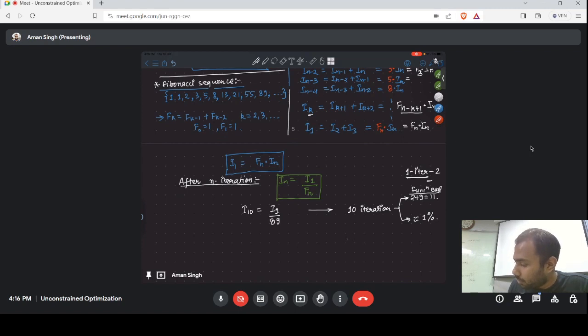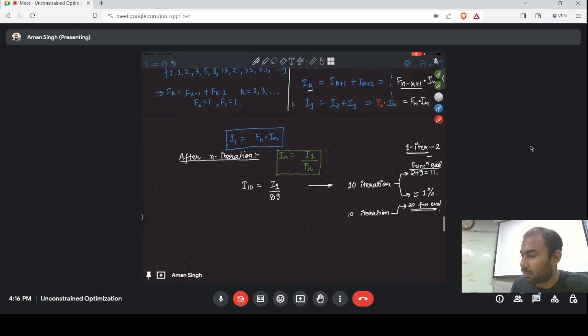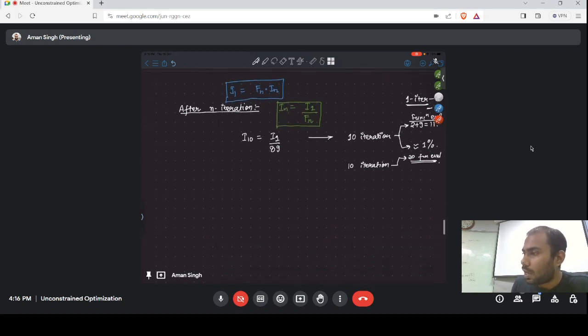Please remember, for dichotomous search in 10 iterations, you would have required 20 function evaluations. So this is the benefit of the Fibonacci sequence here.